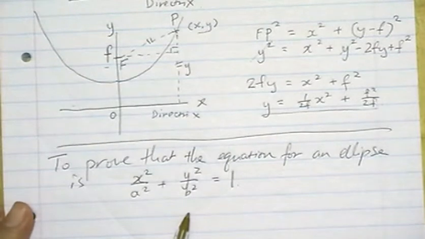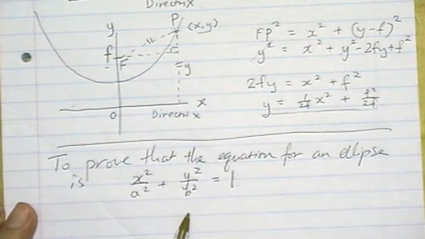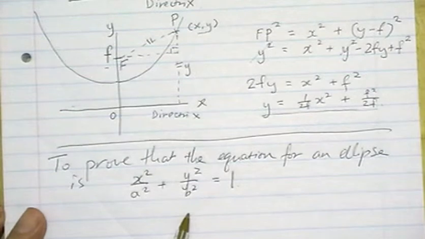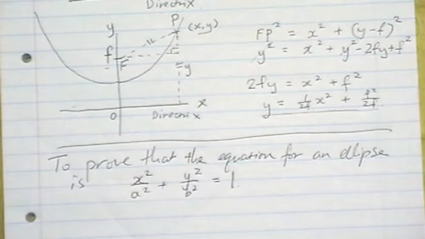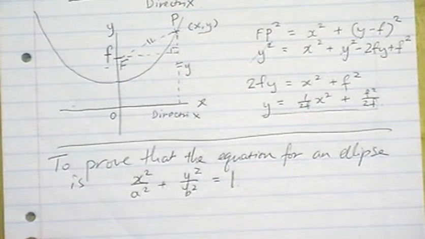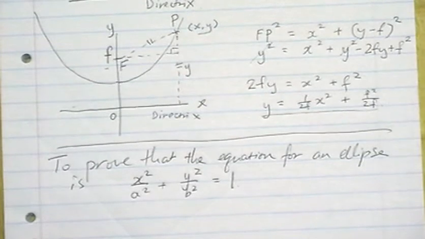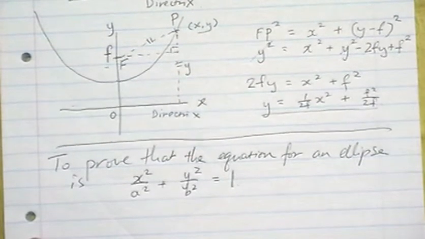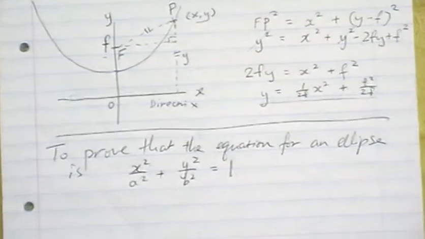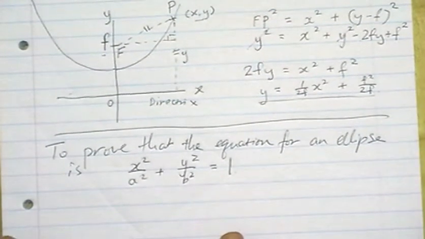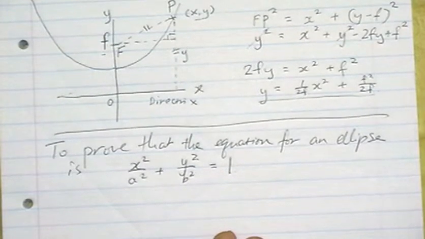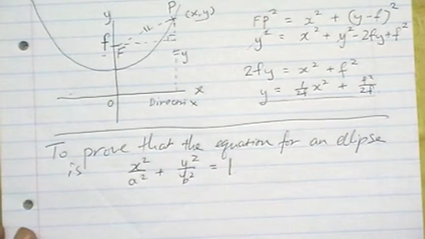So since that is actually quite easy to do, I shall not do it. I shall do something more difficult, but perhaps more interesting. I shall start with another definition of the ellipse.